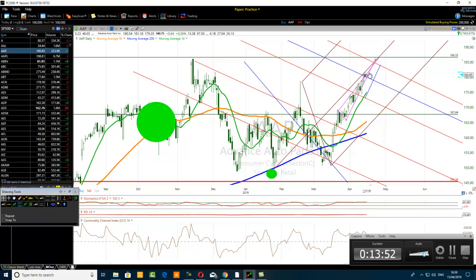But if it breaks below that pink channel and retests it on the hourly time frame, one will attempt to sell. So a triangle is just telling us that anything is possible. That's what's going on on the hourly time frame.